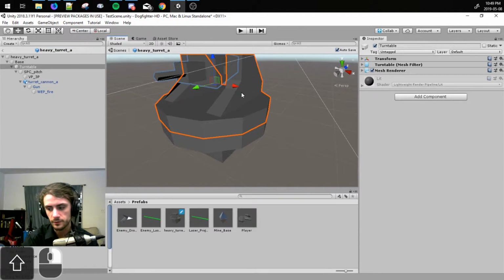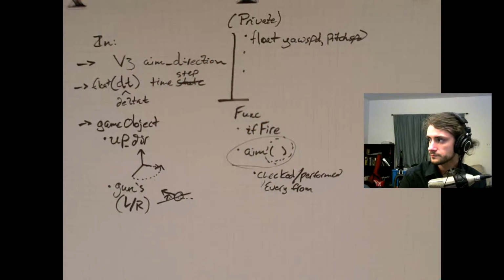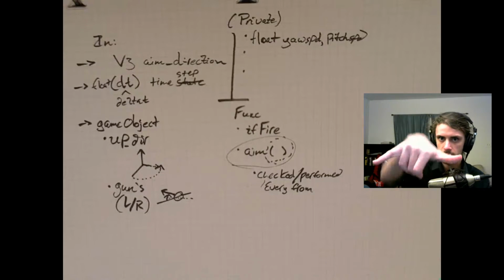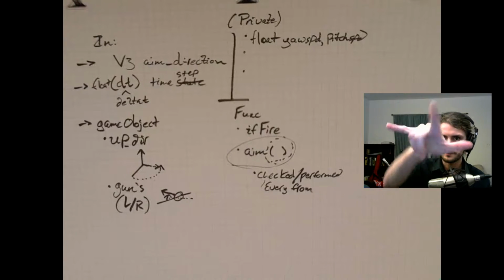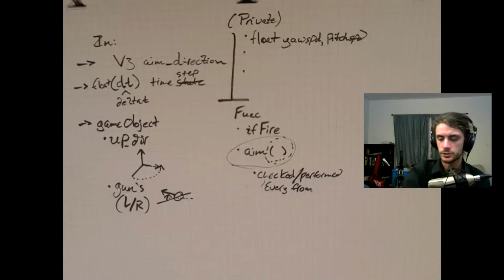So that is important. We'll need the game object. We'll need the up direction for either the base or the turntable, it should be the same. And then the left and right, the horizontal axis that the gun will pitch on.